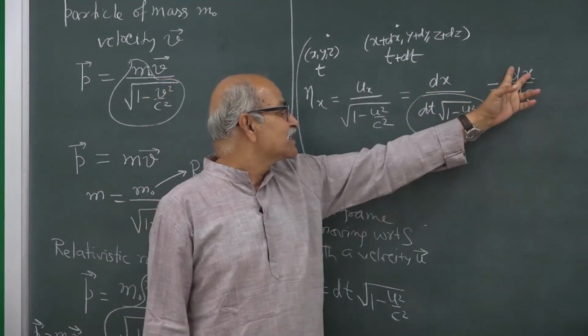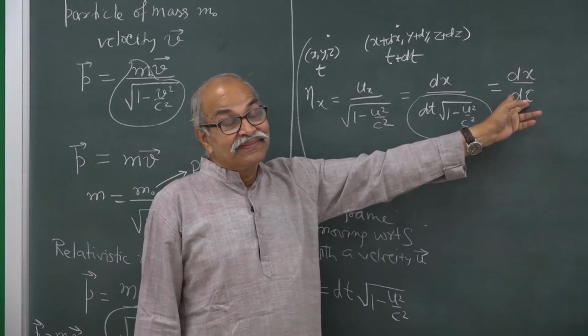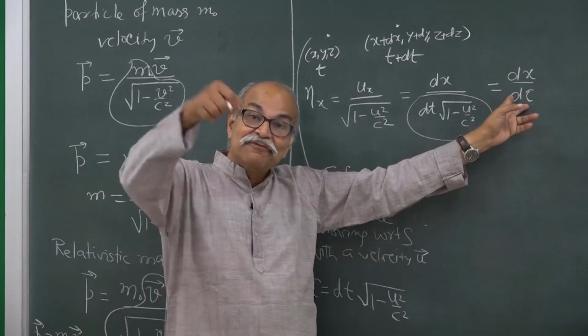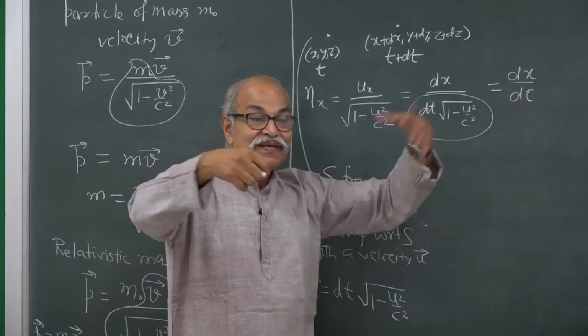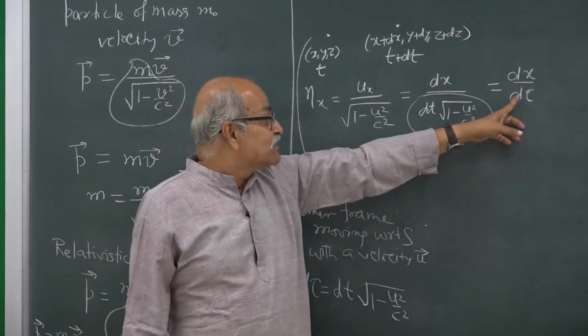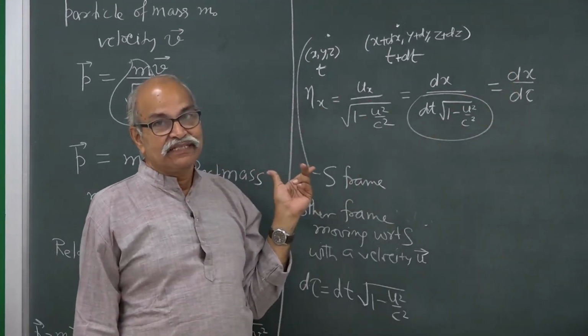Distance covered is here and time is here, but which time? The time in the particle's frame. In the particle frame some time has elapsed and then some other clock is coming here. That is the proper time interval, and that is why this velocity is called proper velocity.